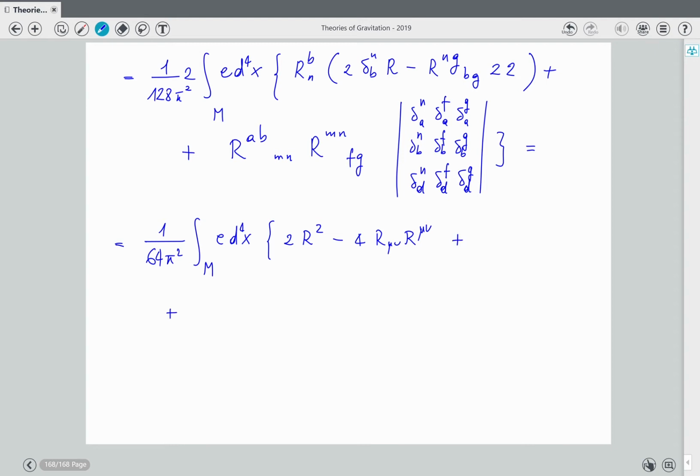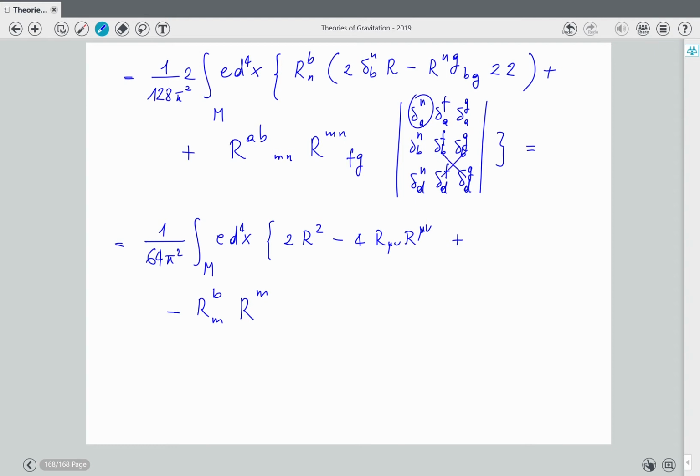Okay, we have R and delta and A. Here, which means that we contract the first with the fourth. That gives minus Ricci with the remaining indices, which are B and M. And then we have M and the rest. We have this one times delta FB delta GD minus delta GB delta FD.